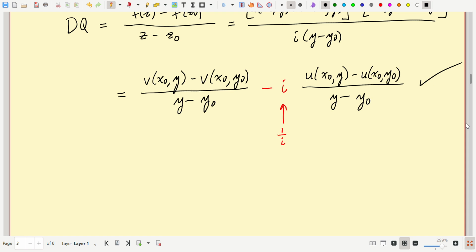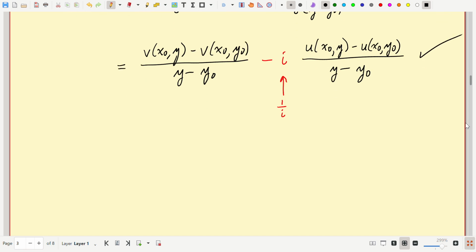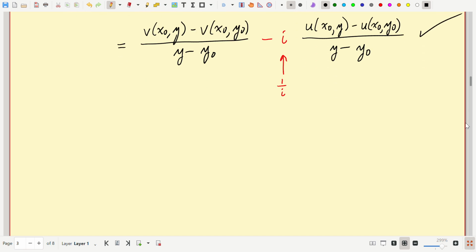But a fascinating thing I can do with the Cauchy-Riemann equations, so here's a big fact. If f of z is differentiable, and f prime of z is too.